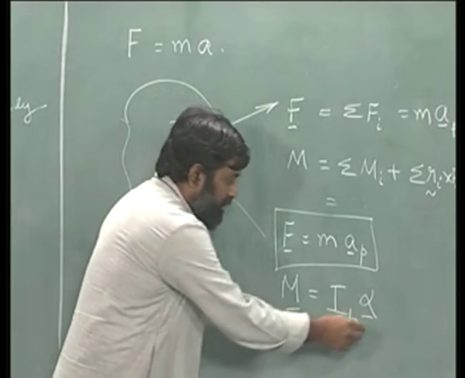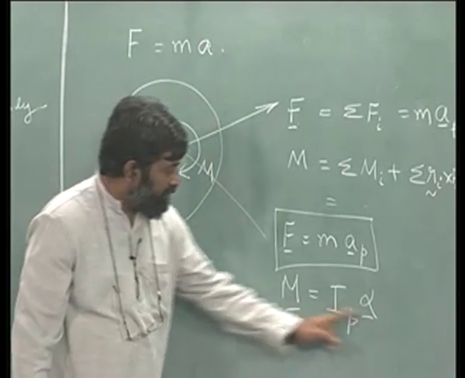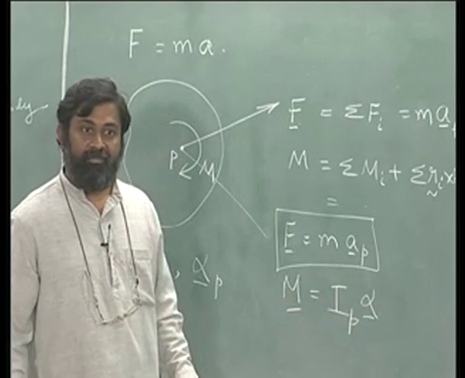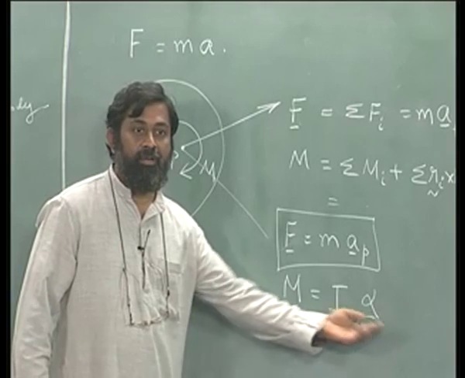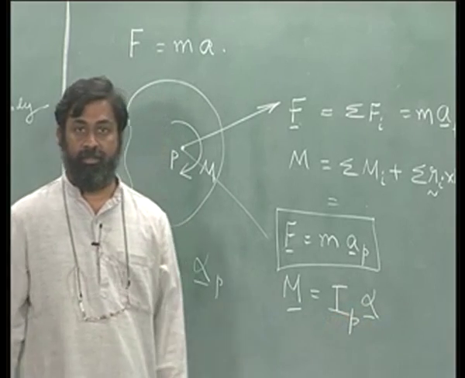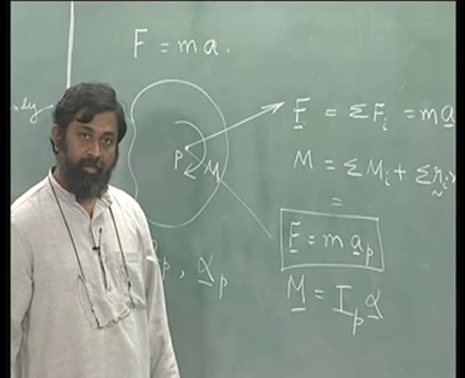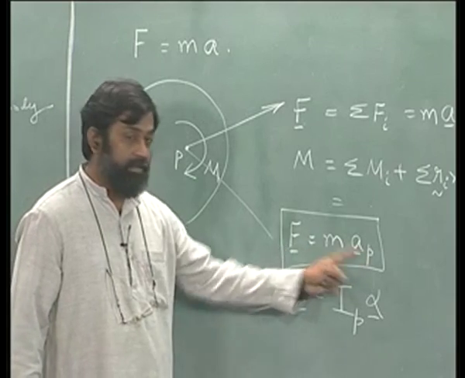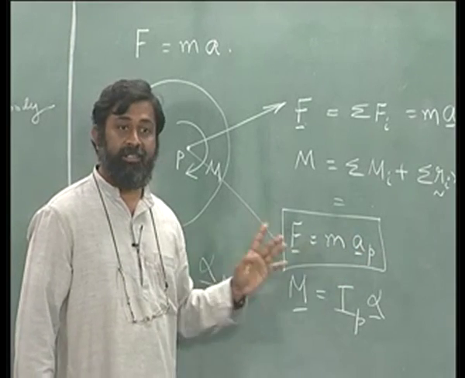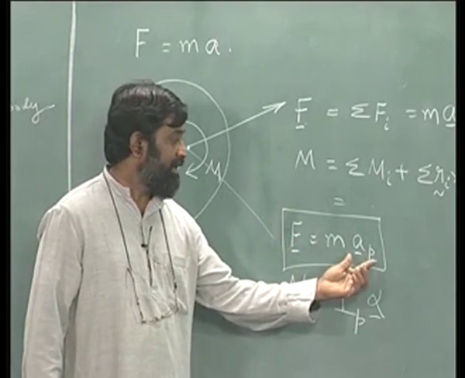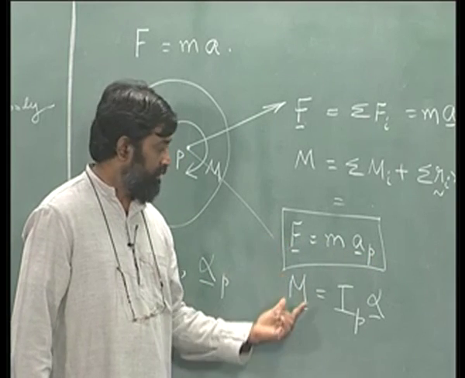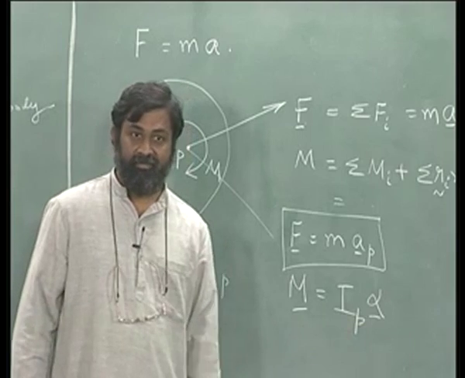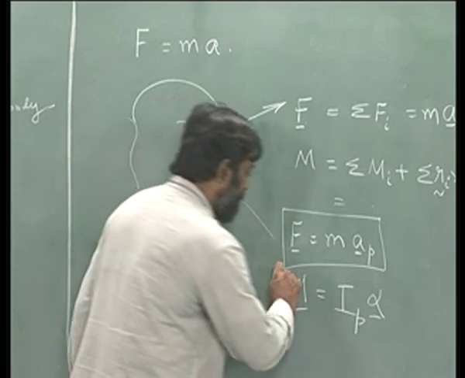M is a vector, alpha is a vector. If you look at this, I will get an understanding of how it is occurring. Remember in this equation these two are coaxial in the sense that the direction of AP relates to the direction of force. Similarly here.